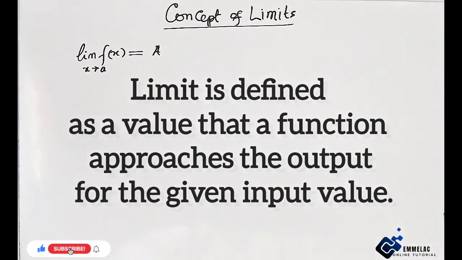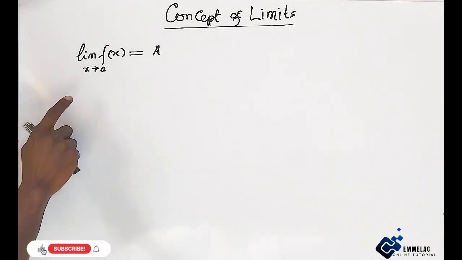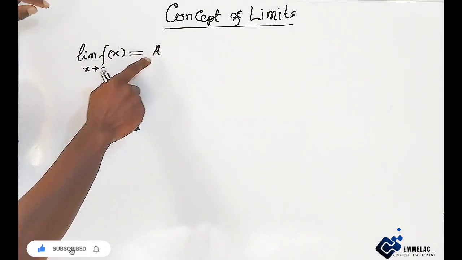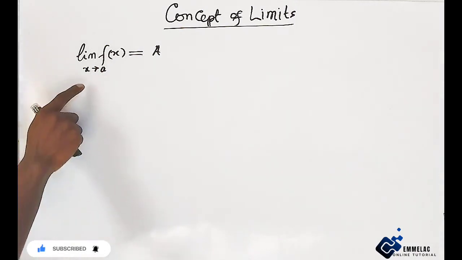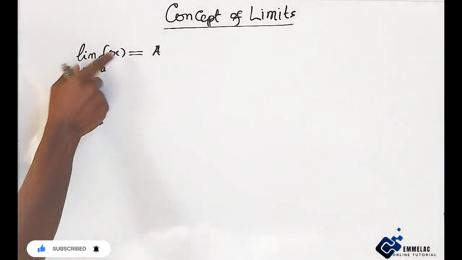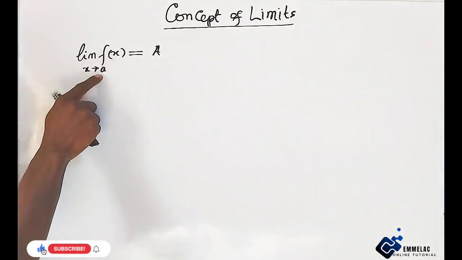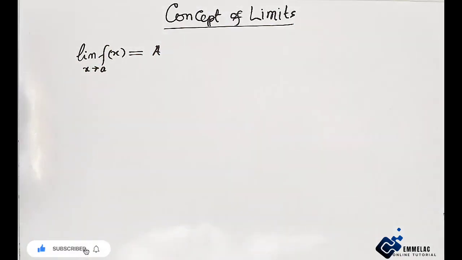When we talk about the definition of limit, I said it is the value that a function approaches, and the result of that output is based on the input. Which means that the limit of this function here as x approaches a gives you this capital A.